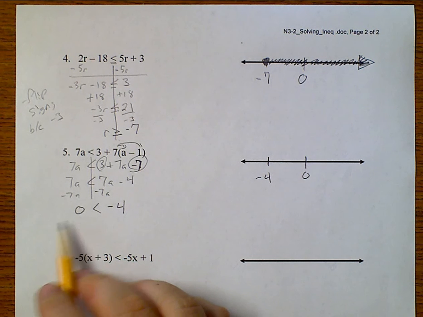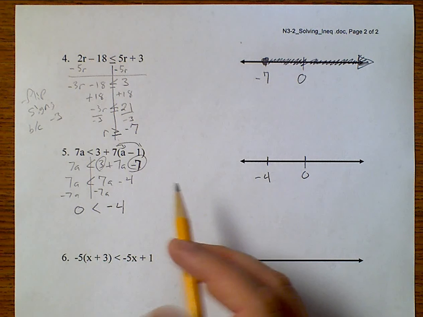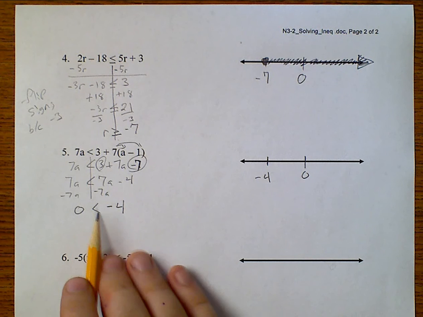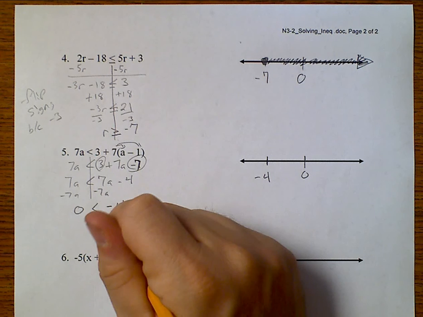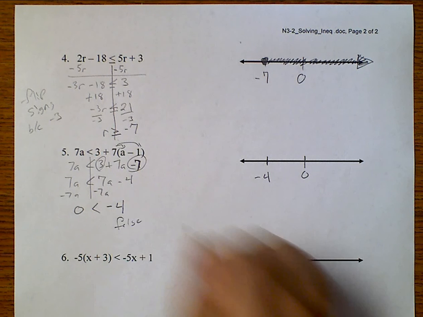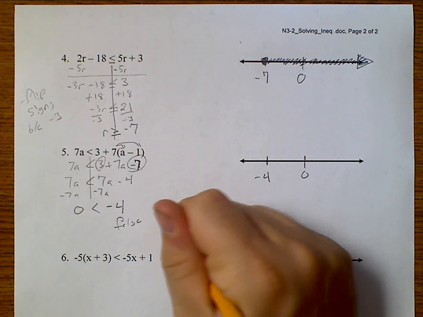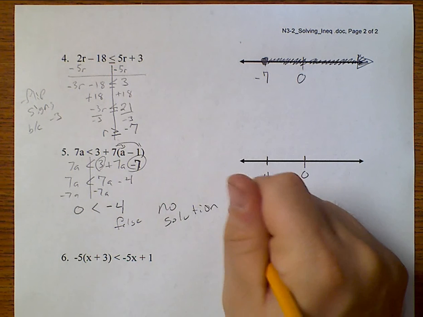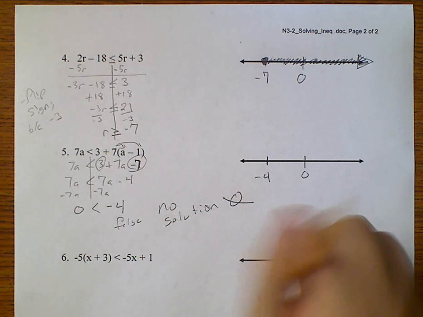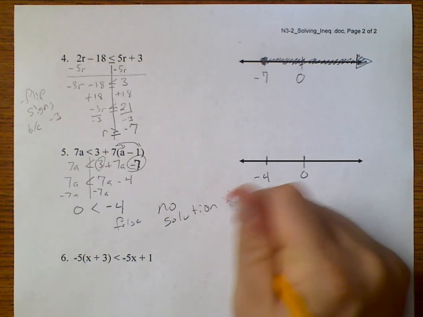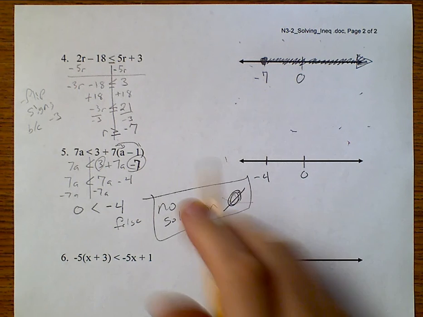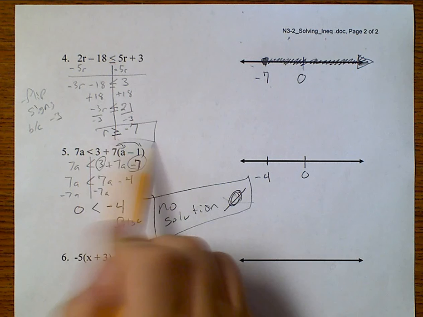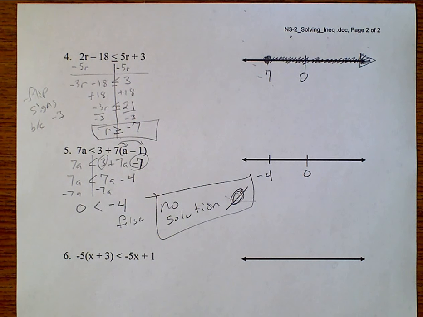However, my variable has disappeared. And I'm looking at, is 0 less than negative 4? Well, no, 0 is bigger than negative 4. And so this is false, which means that there is no solution. And so I don't shade anything on my line because nothing works.